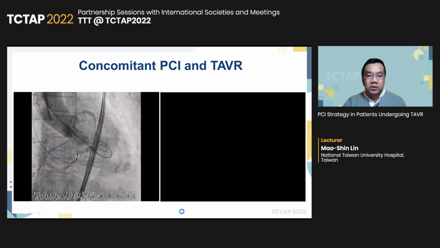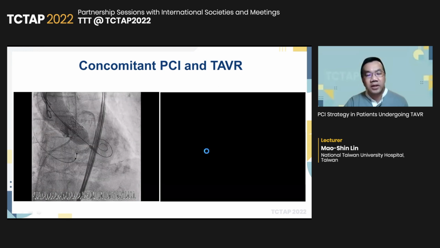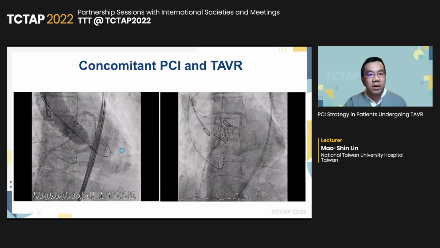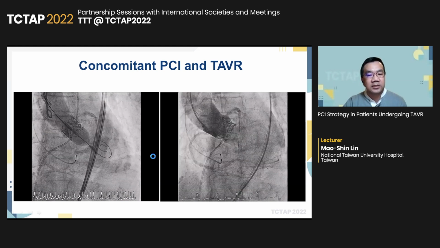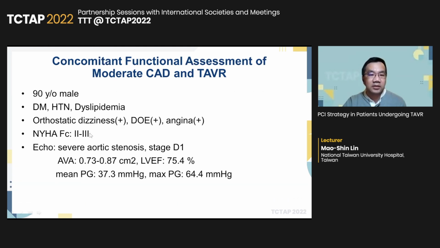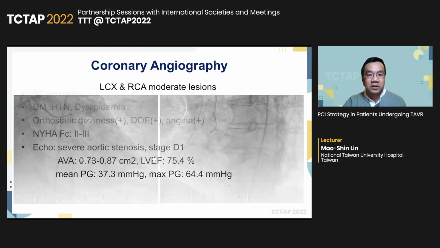Then there's a final angiogram. We can also do a functional assessment when we find moderate or borderline CAD during the diagnostic angiogram. This is a 90-year-old male with AS, and from the MSCT we found the circumflex has a moderate disease, and the RCA also has a disease.